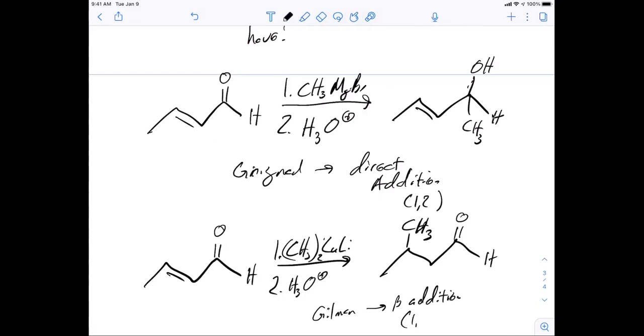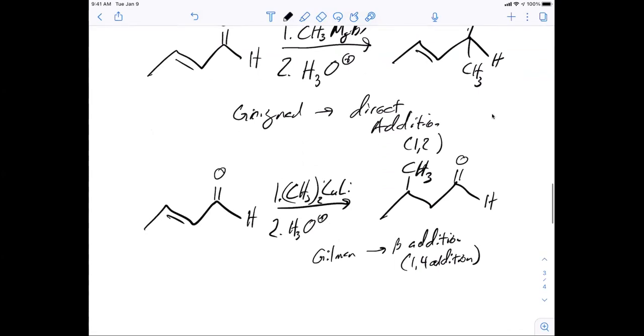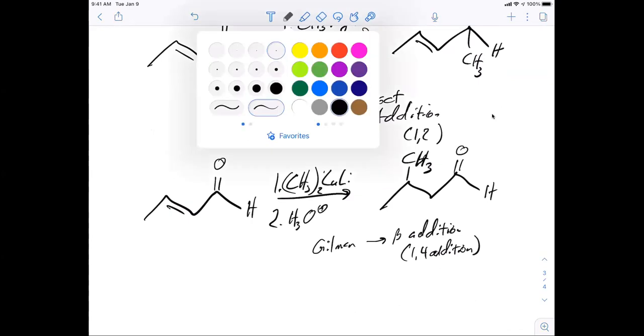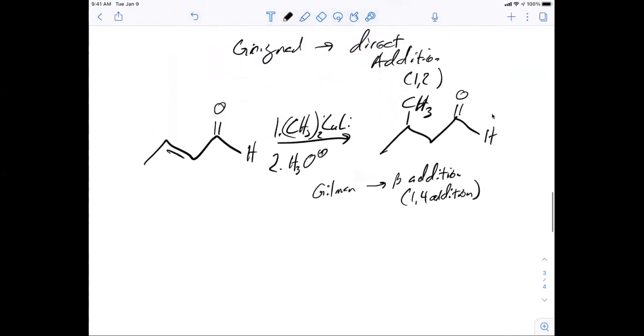And again, sometimes referred to as 1,4 addition. Now on this one, let's show how this works, because it's not intuitive why we end up with the carbonyl at the end.